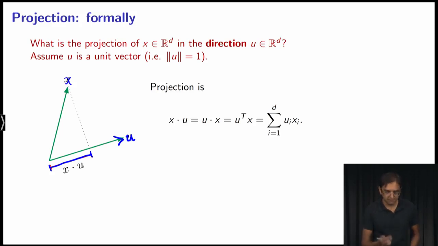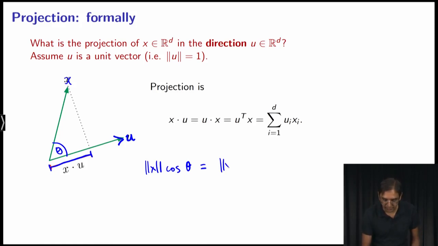Why is that? Well, it's actually very simple to explain. Let's look at this angle. Let's call it theta. So what is the projection? If you remember trigonometry, the projection is the length of x times the cosine of that angle. And when we first talked about dot products, we saw that they actually give you the angle between two vectors.